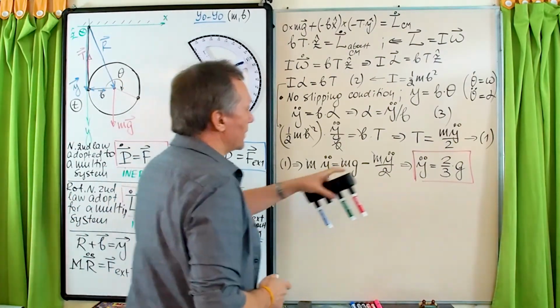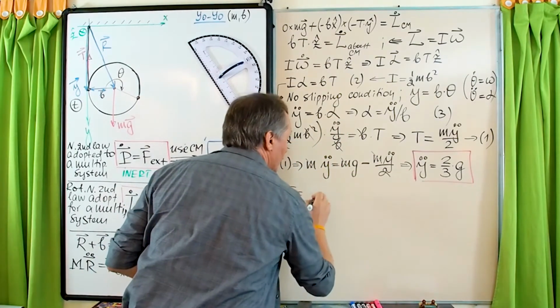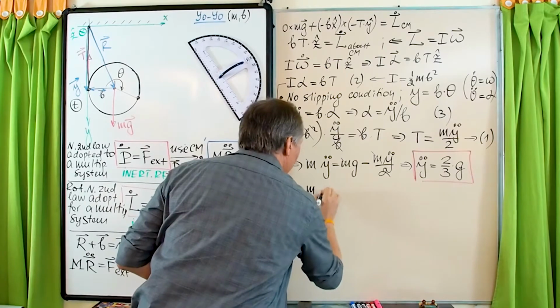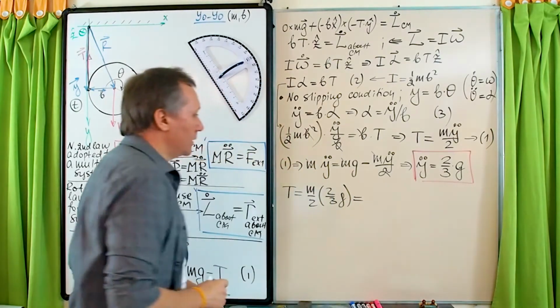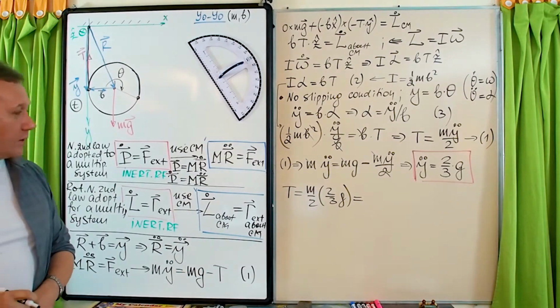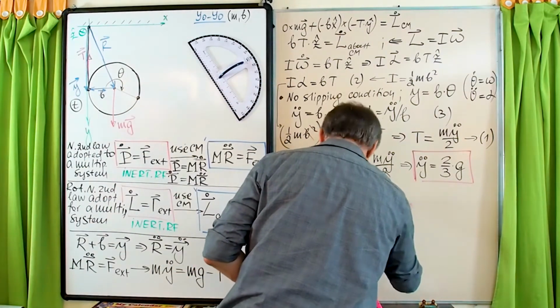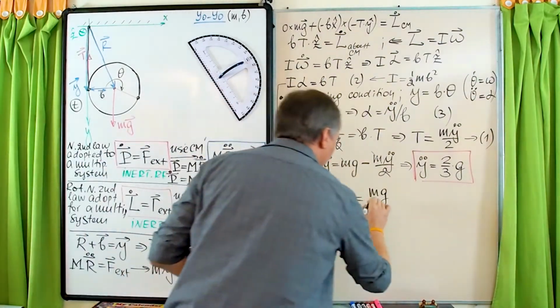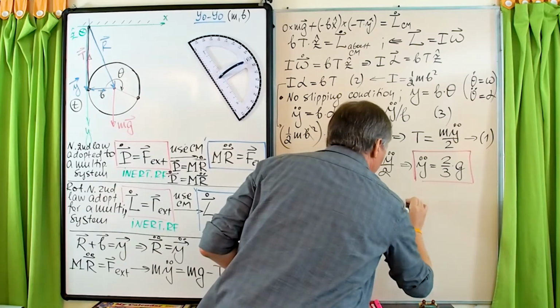And the second unknown, the tension in the cord, will be m over 2 times 2/3 times g. So it will be mg over 3. Is it correct? Let me check. Yeah, mg over 3. So that's the tension.